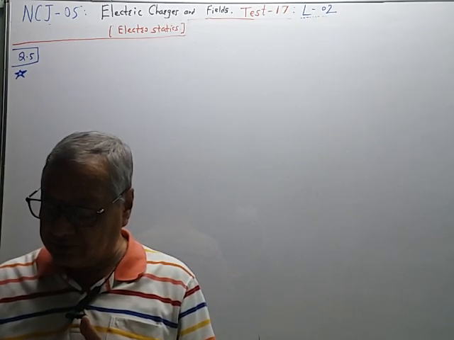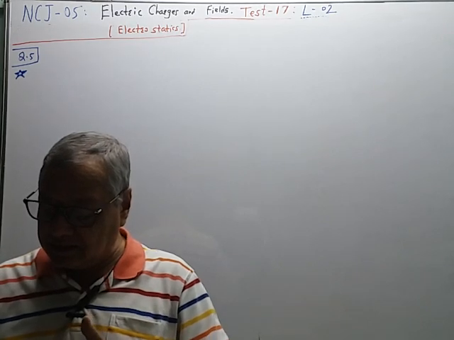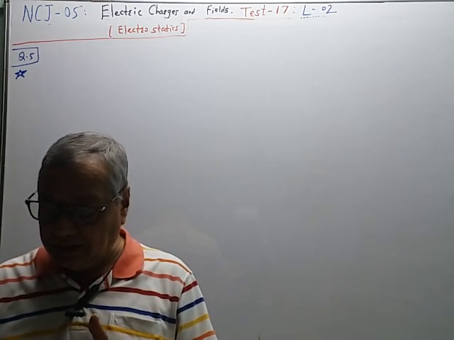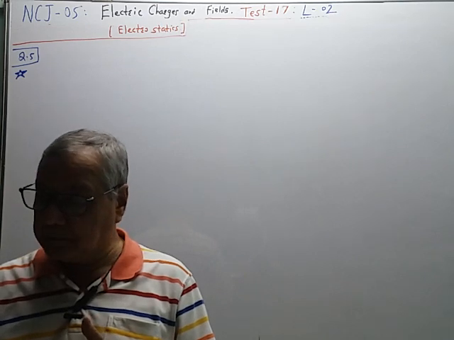The best graph between the particle's acceleration and its x coordinate is represented by.